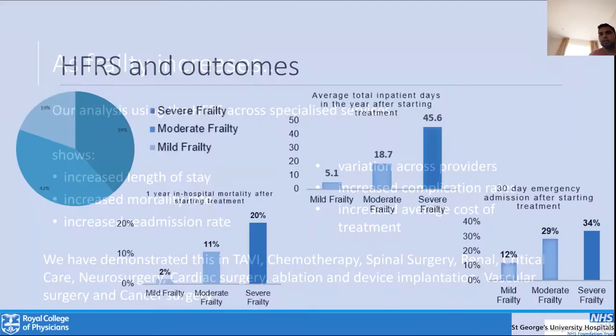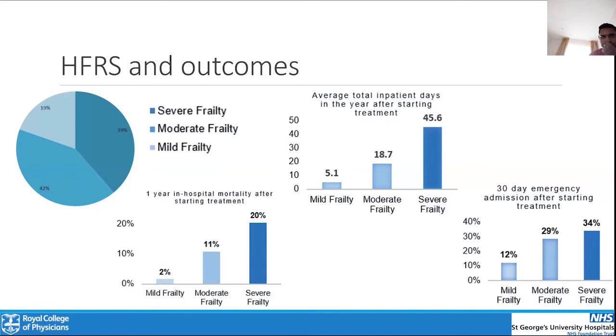And just to give you an example of what that means, if we took one of these services, what we can do is look at 1 year's worth of data and say, this is the amount of risk of frailty across that service, mild, moderate, and severe frailty. And then you can relate it to their 1 year in hospital mortality after starting that treatment, which for this specialty was 1 in 5 patients that had died within a year in hospital.